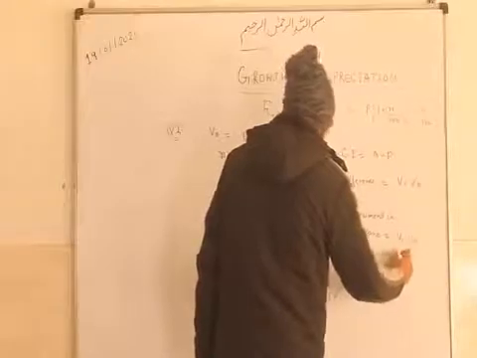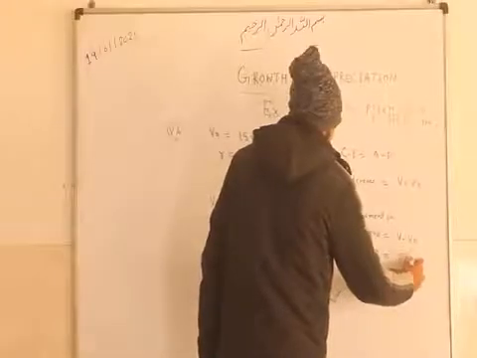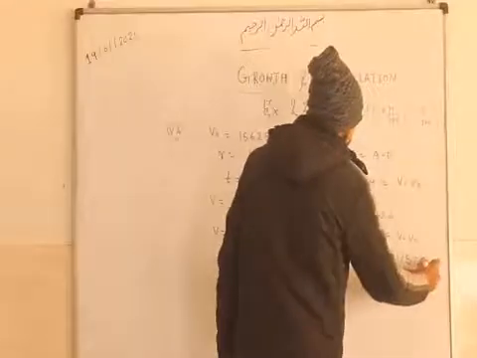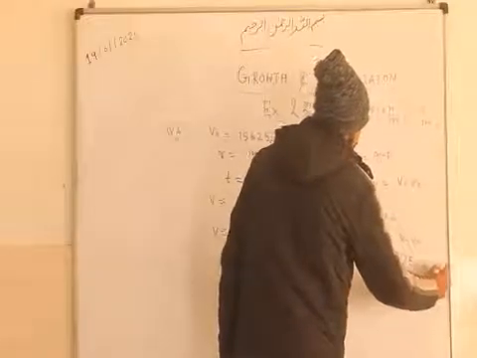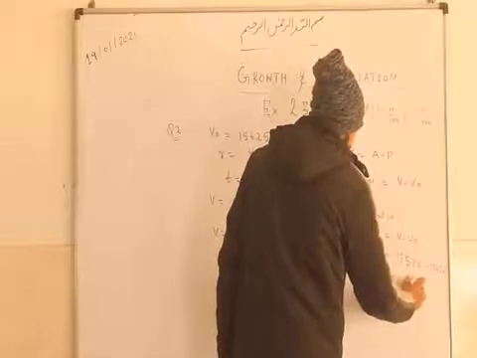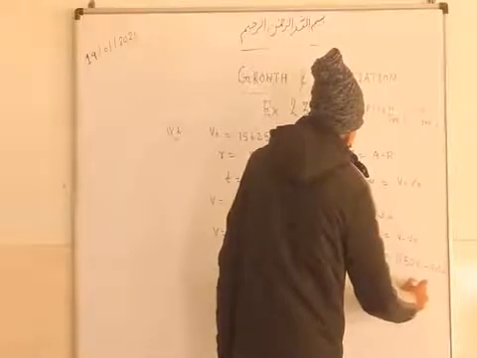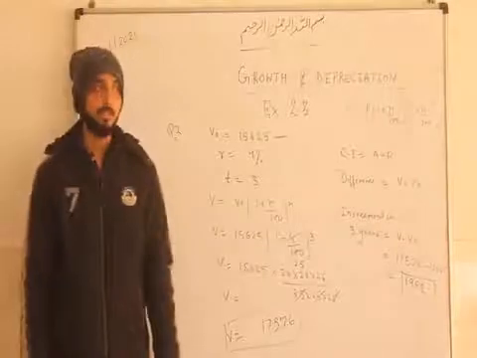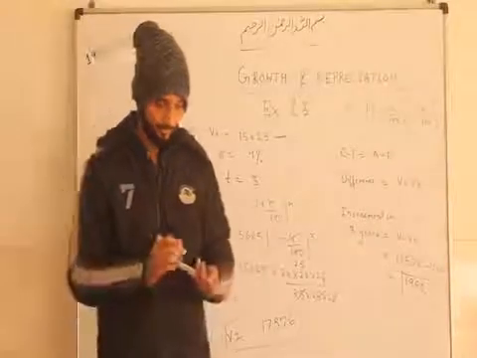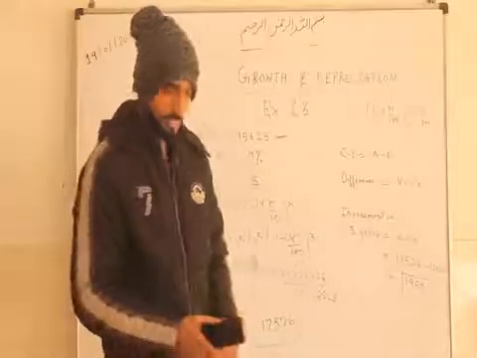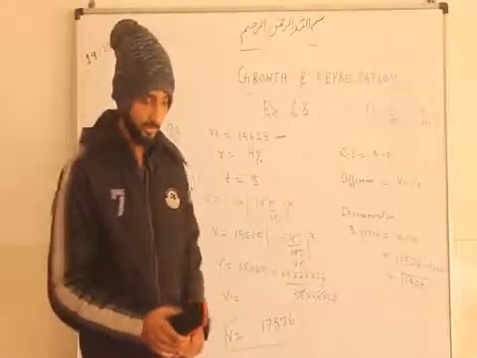So this is 17576 minus 15625. So it will be 1951. So this is the final answer that we had to calculate. Okay, fine. Okay, so now see question number 3.